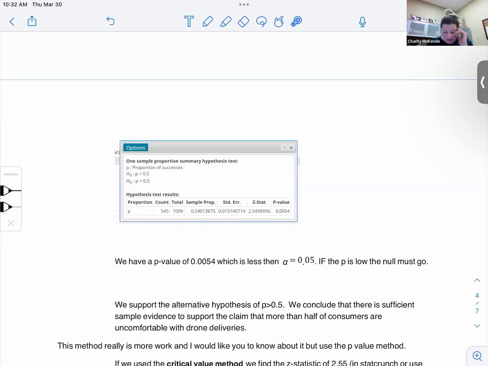Double check your counts. You can double check your hypothesis here. Sample proportion, that's 54% based on the sample. So that is greater, but is it greater enough to really say, yes, this is greater, right? A lot of times we're testing something, we know we have evidence showing, oh yeah, most people are comfortable with drones delivering your stuff, right?